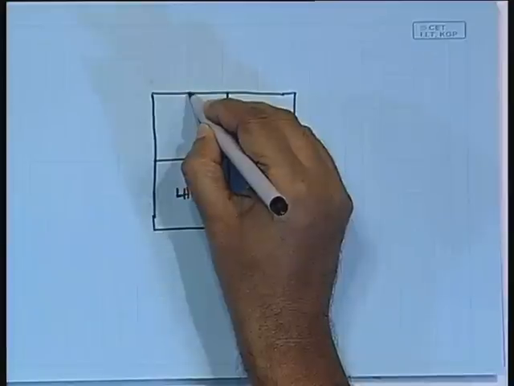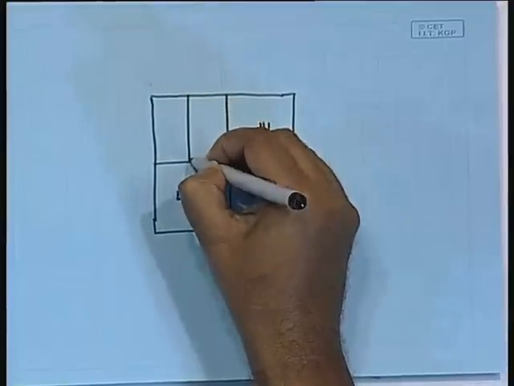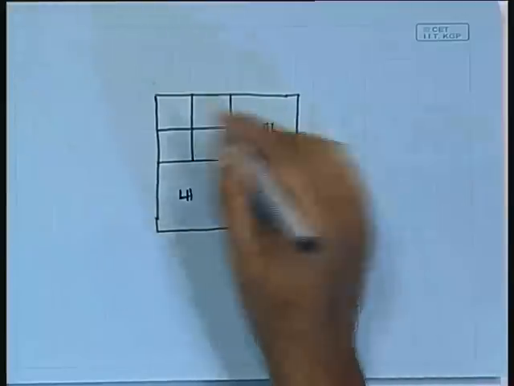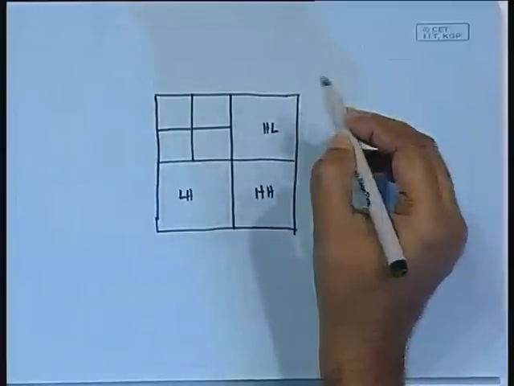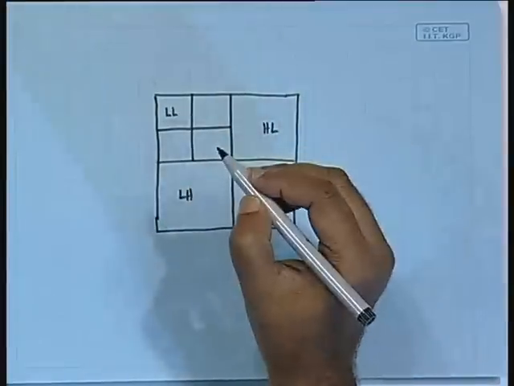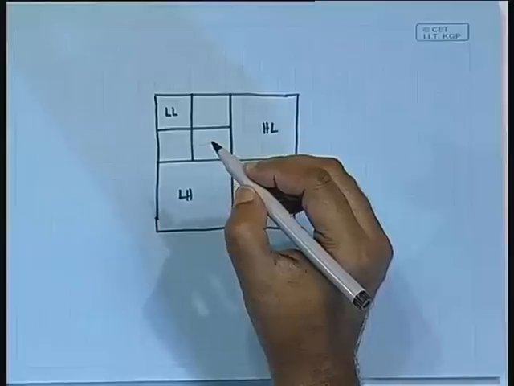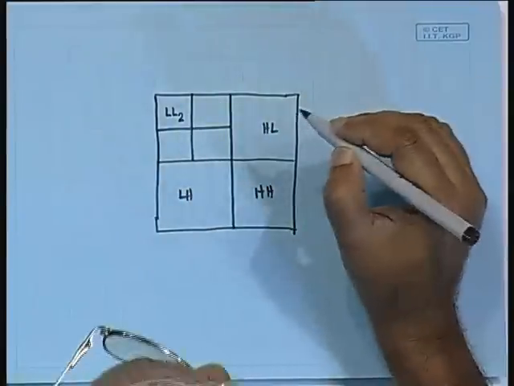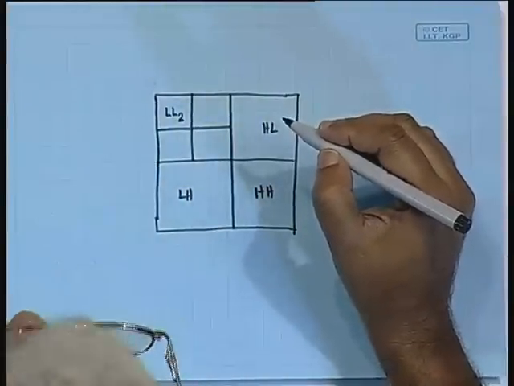So, that means to say that we will be obtaining 4 subpartitions of this LL subband. Okay. So, which means to say that here I will be getting one LL subband, but this LL subband we will not write as LL, we will use a subscript, let us say a subscript 2, 2 indicating that this is the second level of decomposition, right.